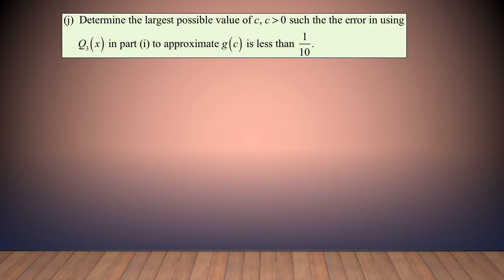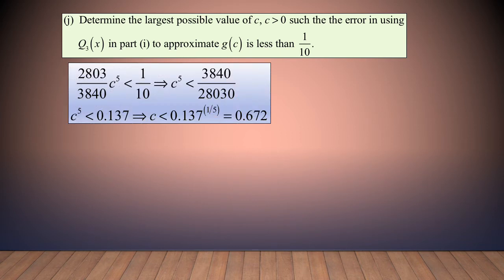J reads, determine the largest possible value of C, where C is greater than 0, such that the error in using Q3 of x in part I to approximate G of C is less than 1/10. The alternating error we showed was 2803 over 3840 C to the fifth, and that value has to be less than 1/10.